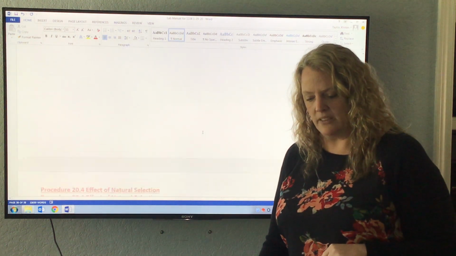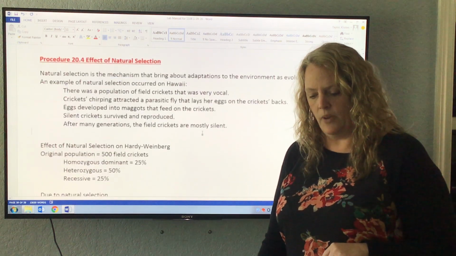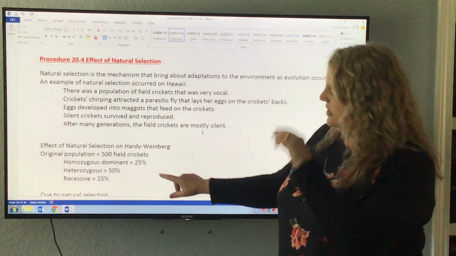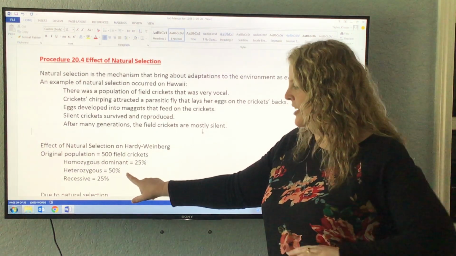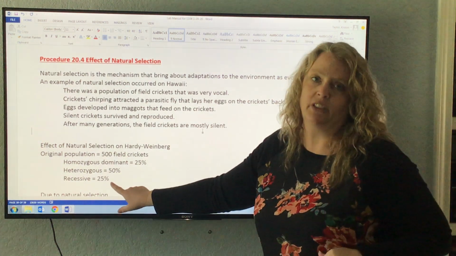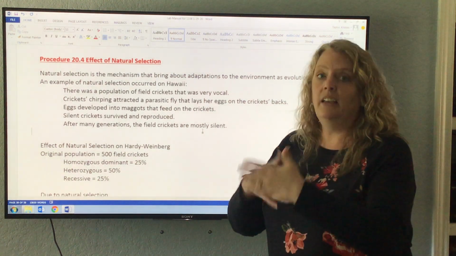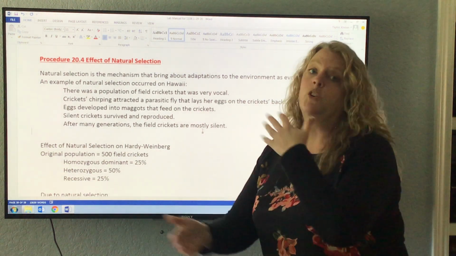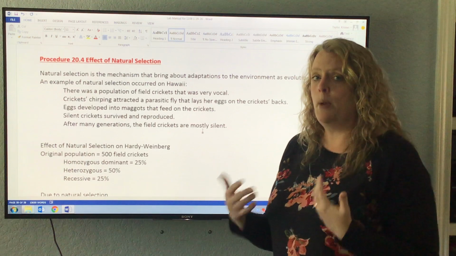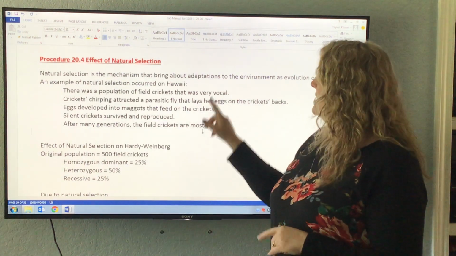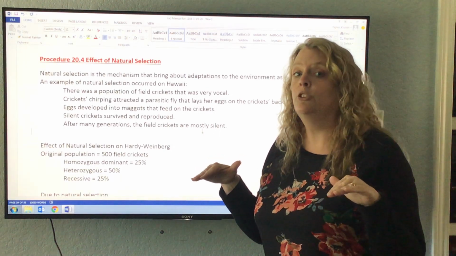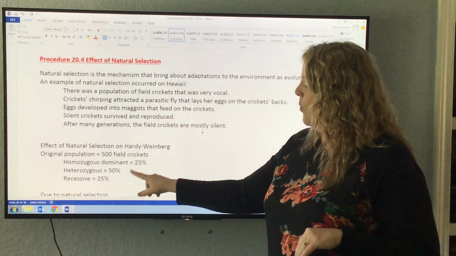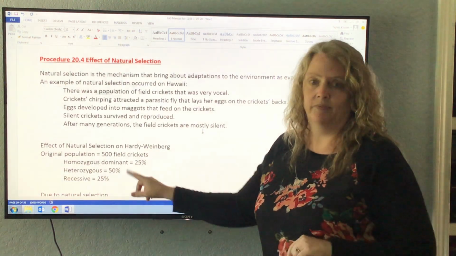So here's their baseline. When they first started the research, they found 25% were homozygous dominant, 50% were heterozygous, and 25% were recessive. Now they hung around for several generations. Remember, it is an adaptation to be silent. They're more likely to survive than the ones that are chirping.